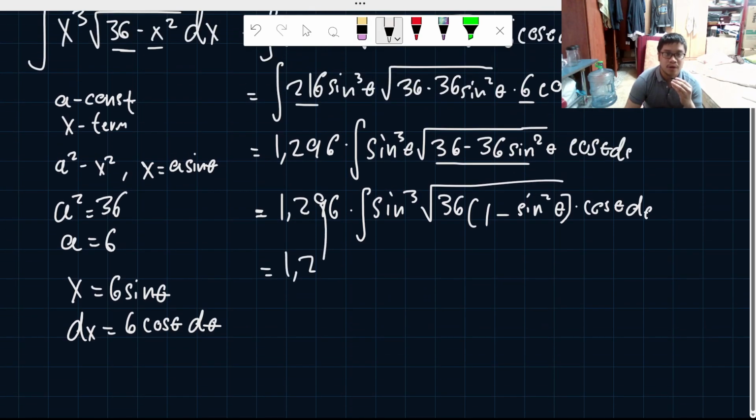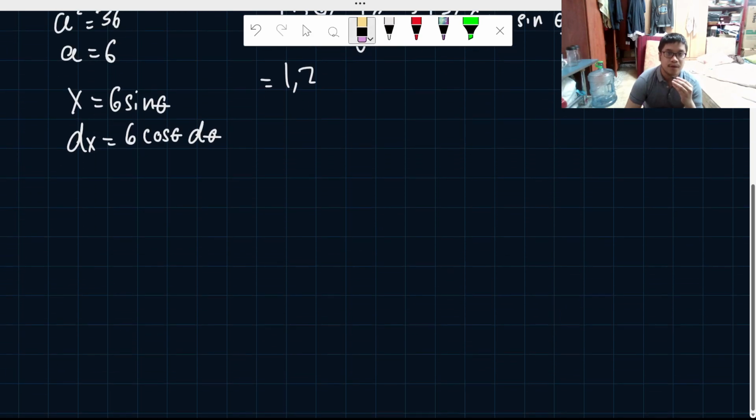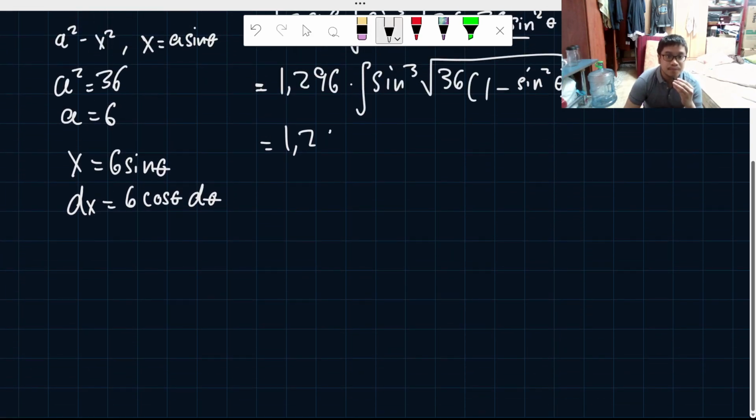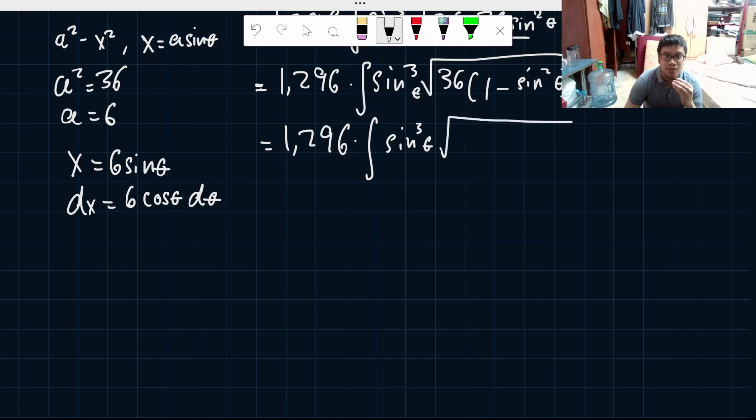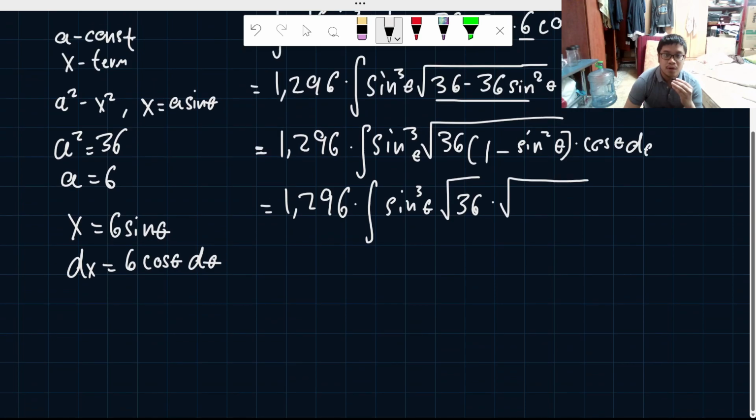So the result would be sine cubed of theta, I forgot to put theta, times the square root of 36 times the square root of 1 minus sine squared theta times cosine theta.